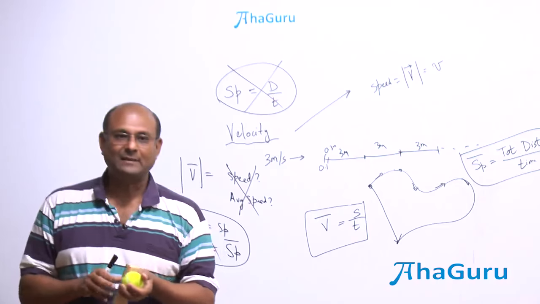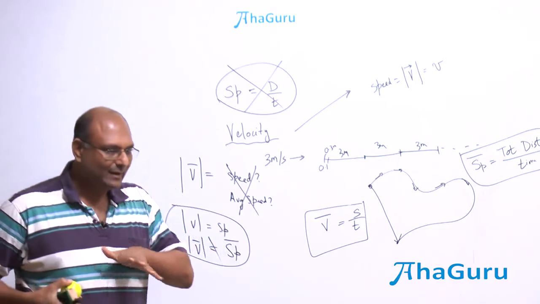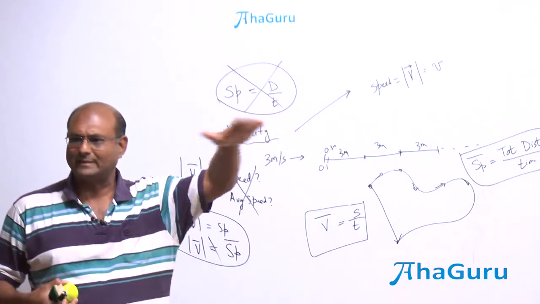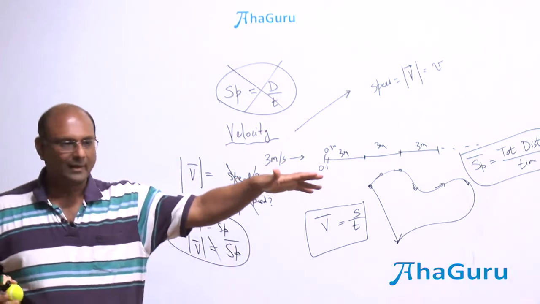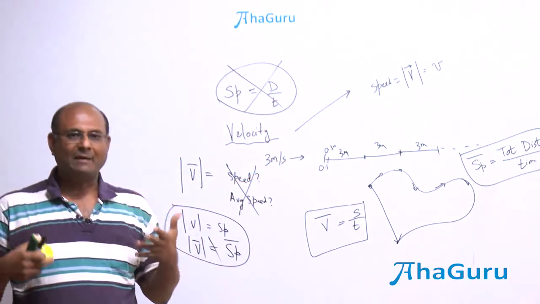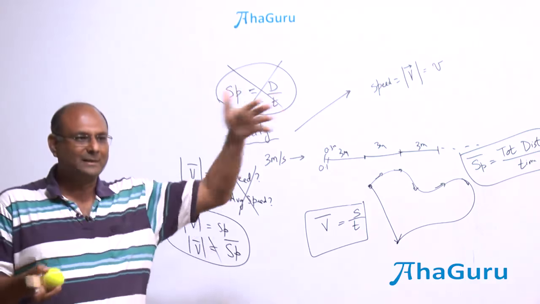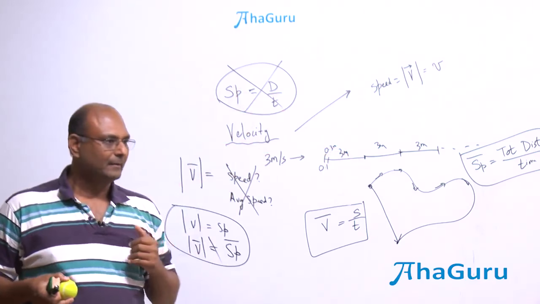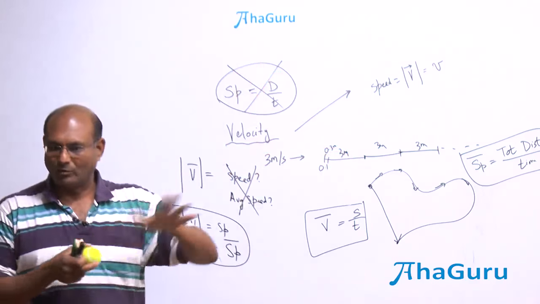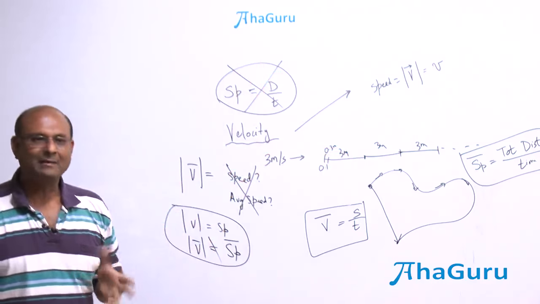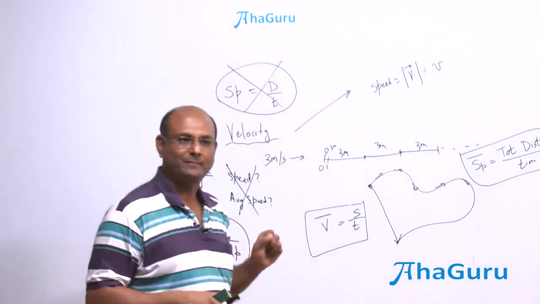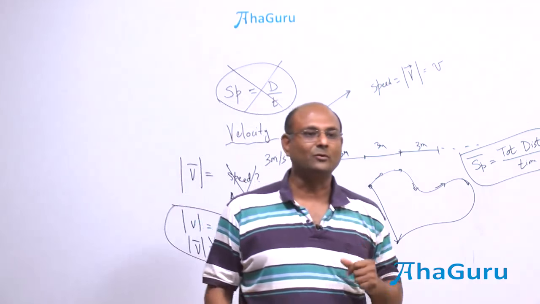If I started with 4 meters per second speed and I change my speed to 5, 6, 7, 8, 3, 2, etc., my average speed will be probably somewhere in the middle. I started with 4 and ended with 8. Let's say nowhere I went down. So my average speed was somewhere between 4 and 8. But my average velocity may be 0.